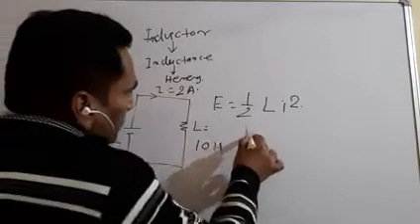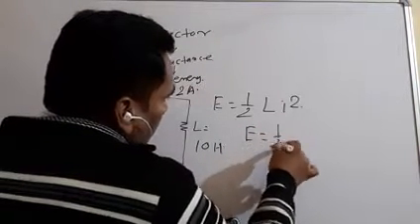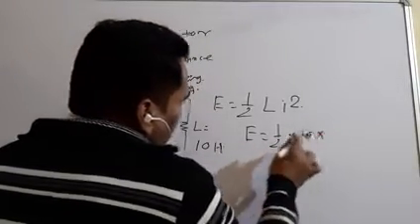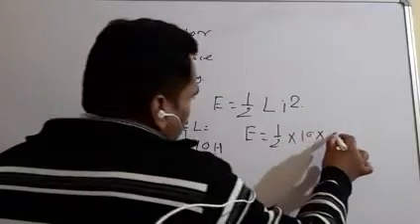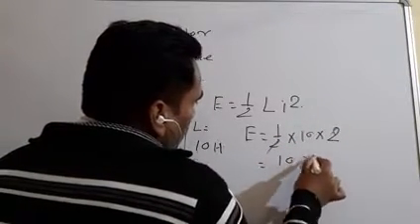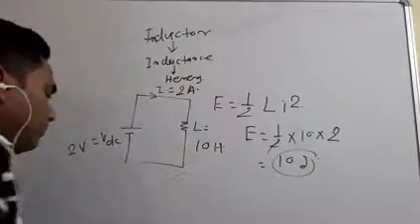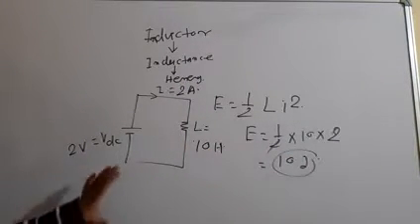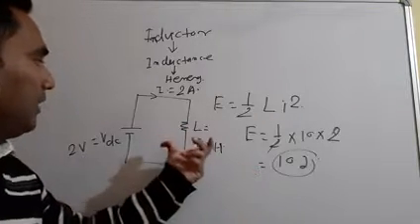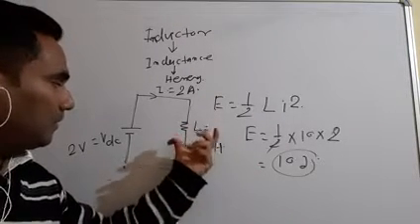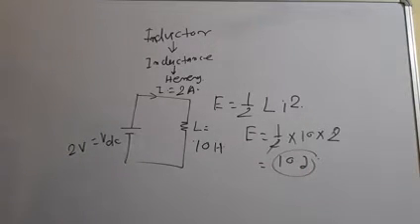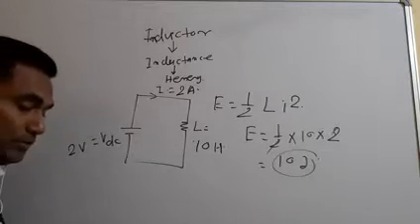Then how much energy will it store? Half, what is the value of L? 10. And what is the value of I? 2. Okay, 2 cancel. Then 10 joule. From this circuit point of view, the energy stored in this inductor is 10 joule. So it is clear.